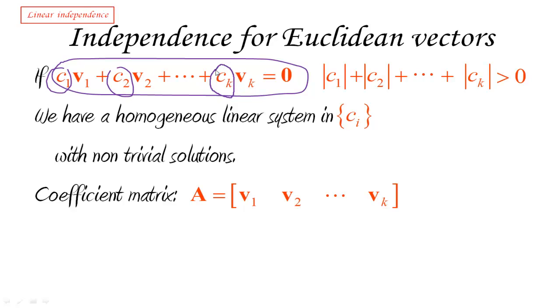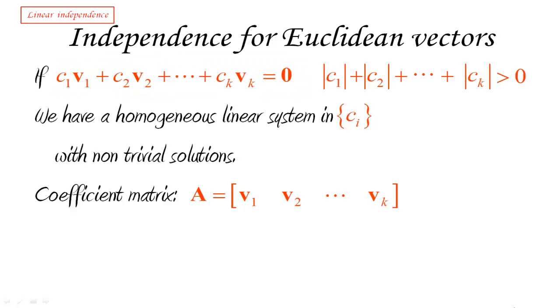These are the ones that play the role of the variables, while v1, v2, ..., vk play the role of the coefficients. So now we're looking at the matrix of coefficients v1, v2, ..., vk.